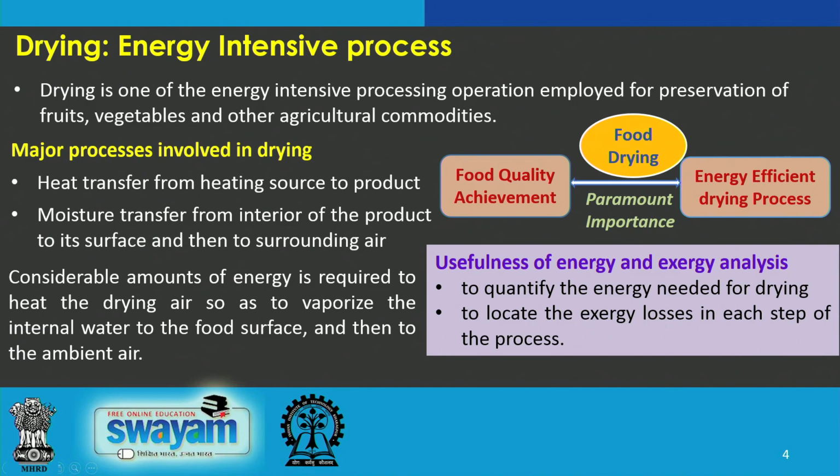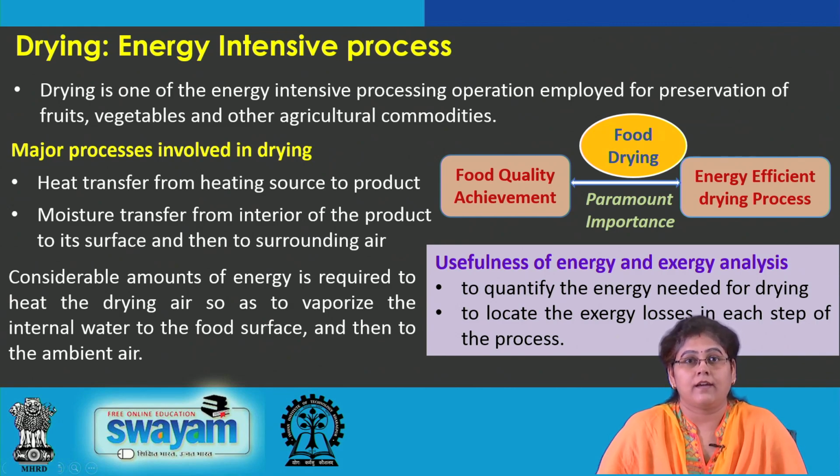Drying deals with heat transfer and mass transfer phenomena, because it is a complex process where heat is transferred from the surrounding heating medium to the product surface by convection, and from the surface to the inside of the food matrix by conduction. The product gets heated, which in turn releases the moisture.